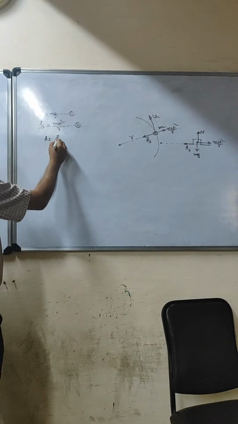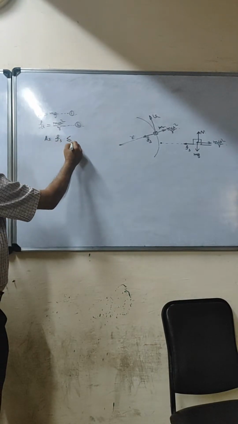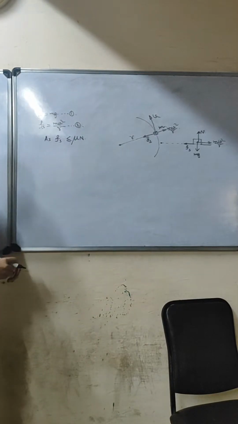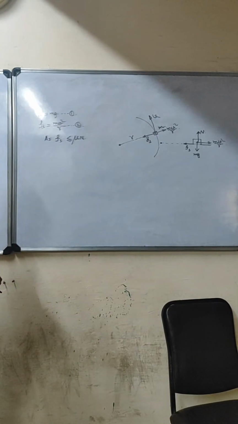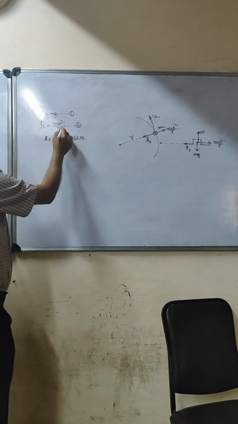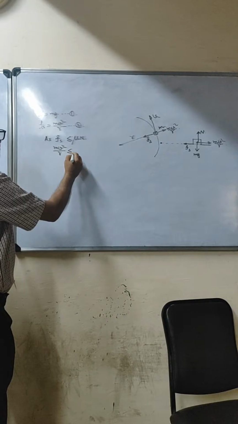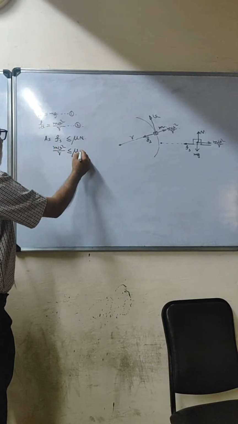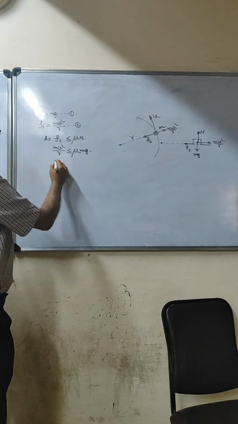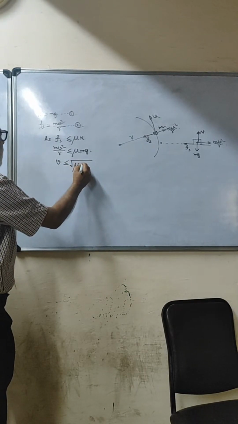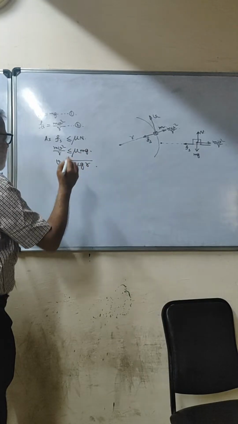As Fs is less than or equal to mu times N, where mu is the coefficient of friction between the tire of the vehicle and the road, Fs is mv square by r, which must be less than or equal to mu into N, which is mg, or v should be less than or equal to root under mu g r.